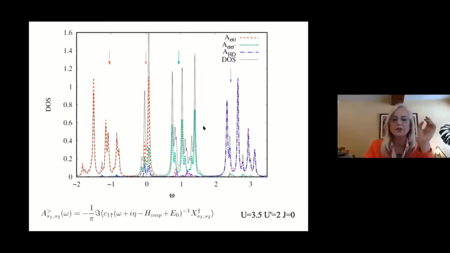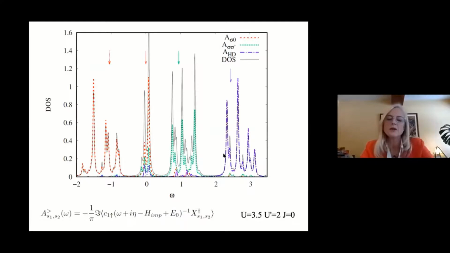This green one is nearly purely holon-doublon. I'm sorry, the blue one is holon-doublon, because the upper Hubbard band is way out of this figure. The blue one is holon-doublon.